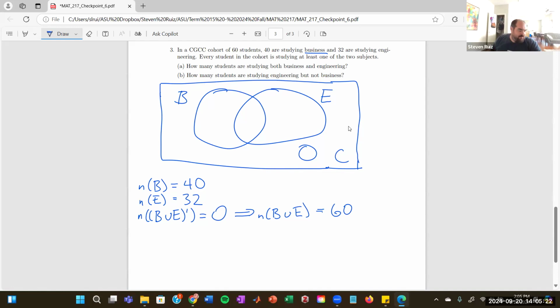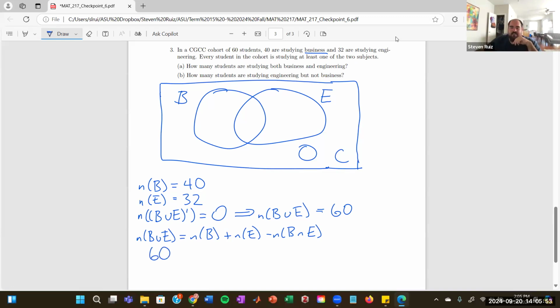Let me write down the same formula I wrote a bit ago. The cardinality of the union is equal to the cardinality of set 1 plus the cardinality of set 2 minus the cardinality of the intersection. This is the same relationship I used in the last question. What is the size of the union? That is 60.